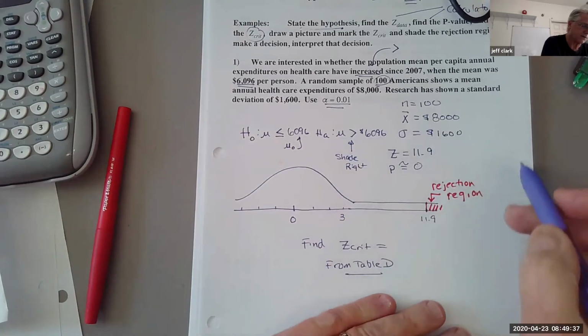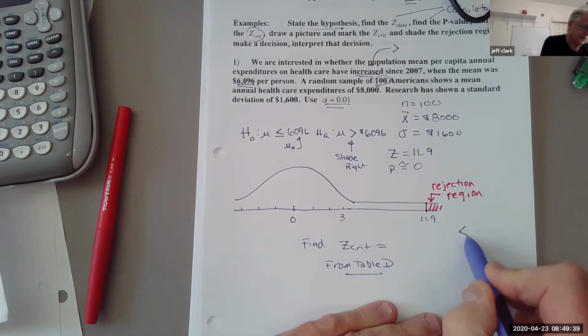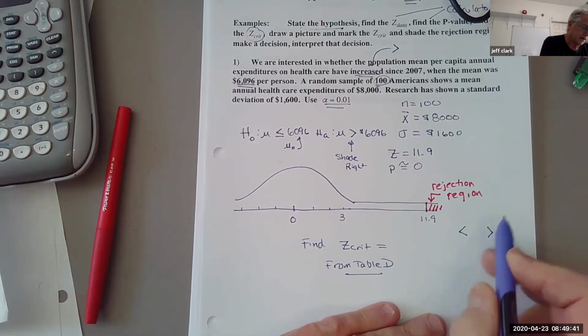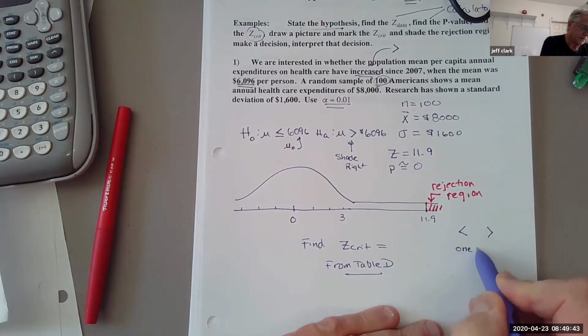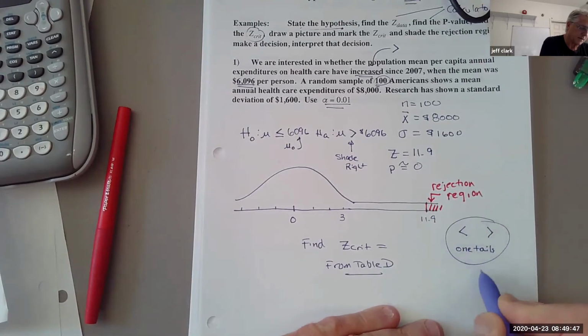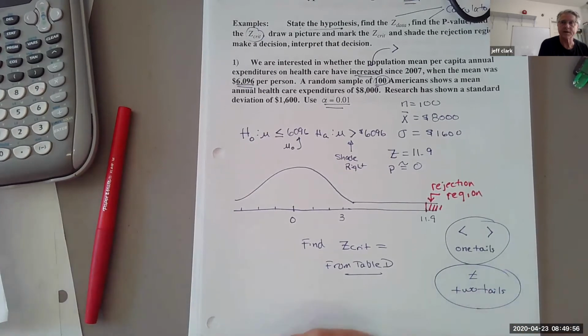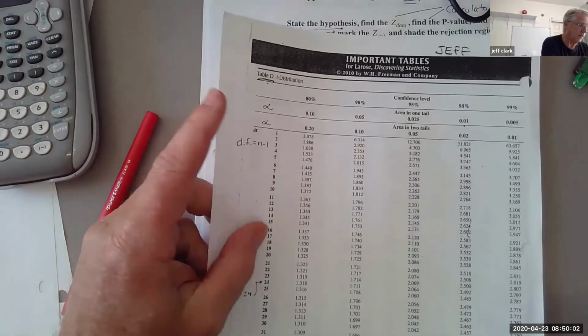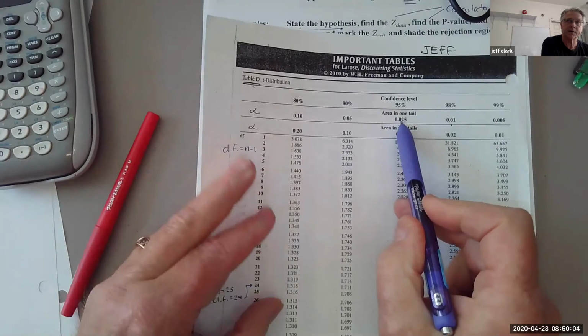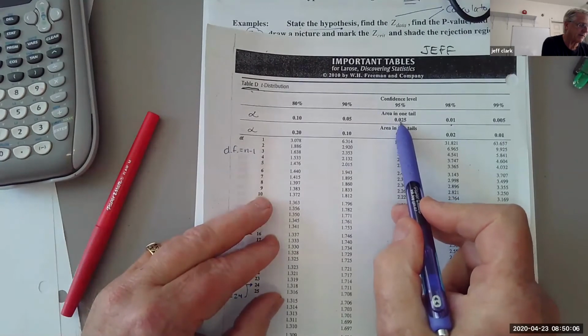So I'll just write this over here. These two are one tails. This one is two tail. One tail and two tail in terms of the shading. Well, on the table, since I've got one tail, look at area in one tail, and look at your alpha.